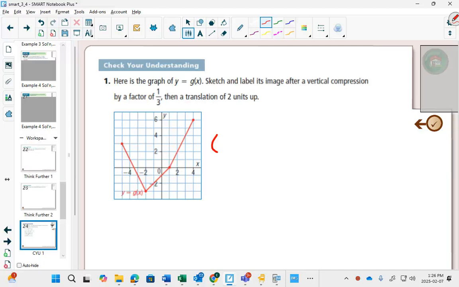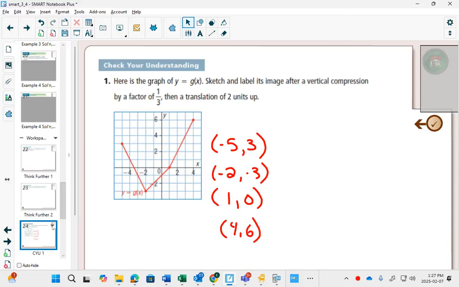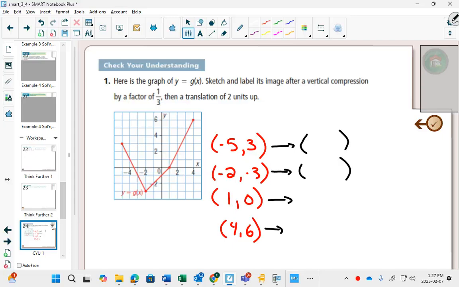I have negative 5, comma 3, negative 2, comma negative 3, 1, comma 0, and 4, comma 6. We have a compression and a translation. So I'll do them separately.